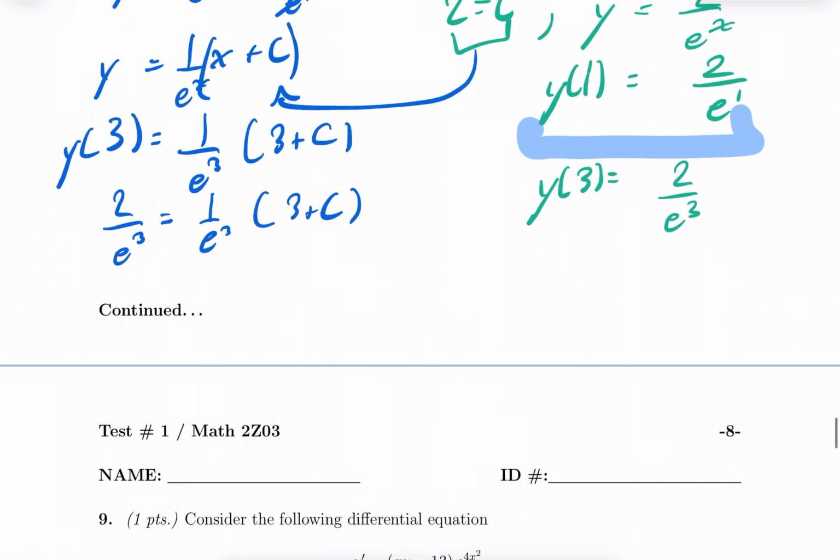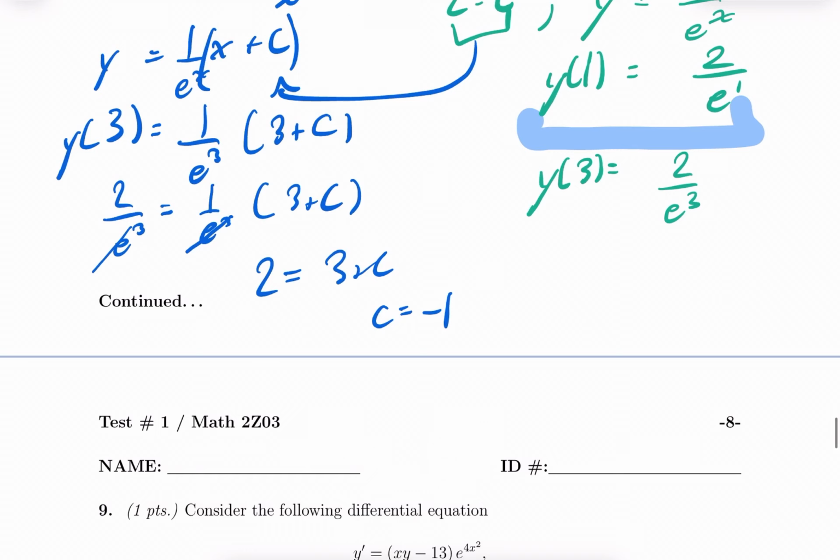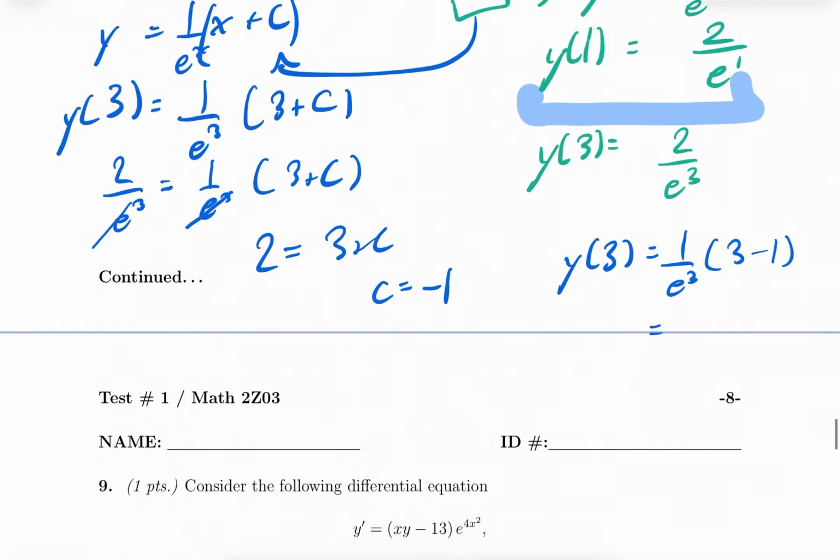Cancel this. I'll get 2 equals 3 plus c, and c equals 1. Oh, sorry, c equals negative 1, right? Put that back into my equation. I'll get y at 3 equals 1 over e to the 3 times 3 minus 1, equals 2 over e to the 3.